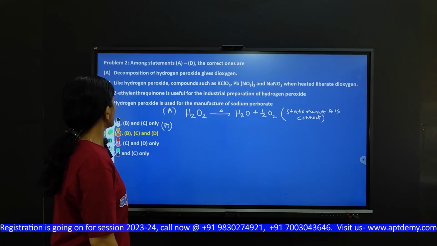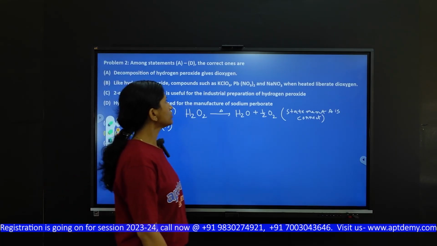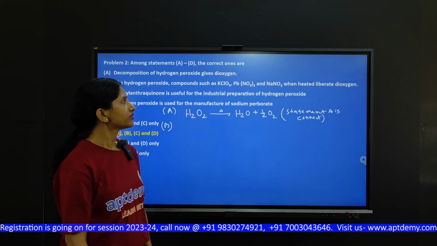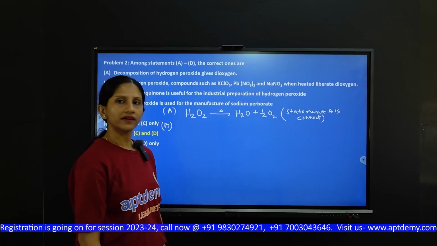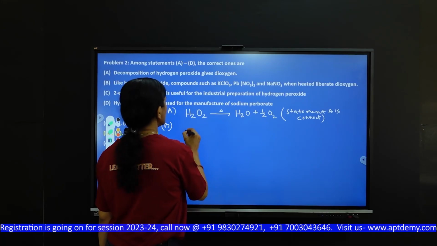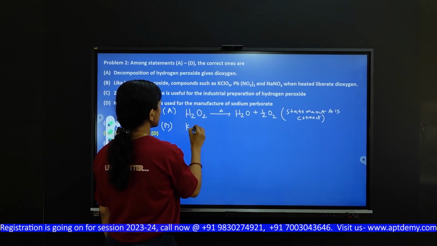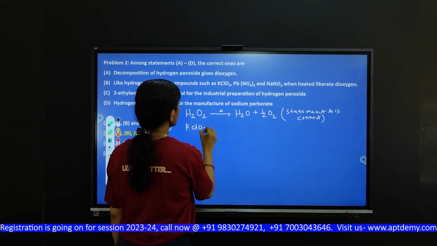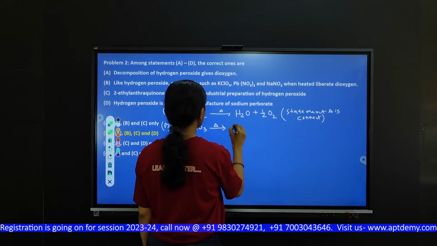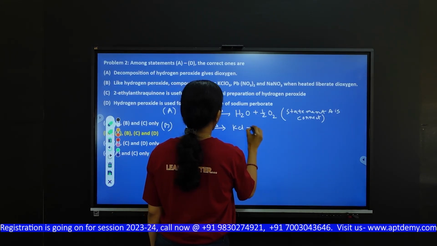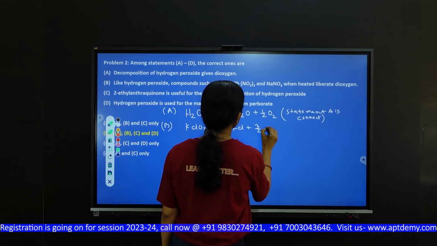Now let's check statement B. Statement B is saying, like hydrogen peroxide, compounds for example KClO3, Pb(NO3)2 and NaNO3 when heated liberate dioxygen. Let's first check KClO3. KClO3 when heated decomposes to KCl plus 3/2 O2.